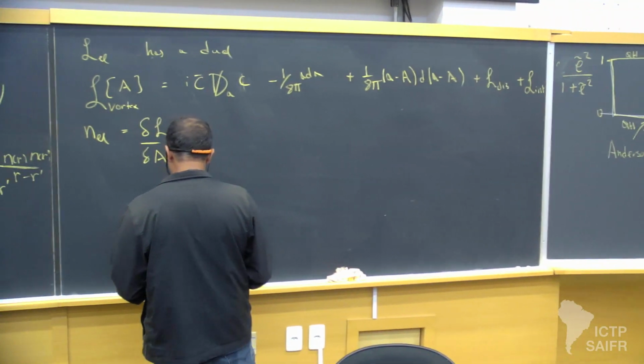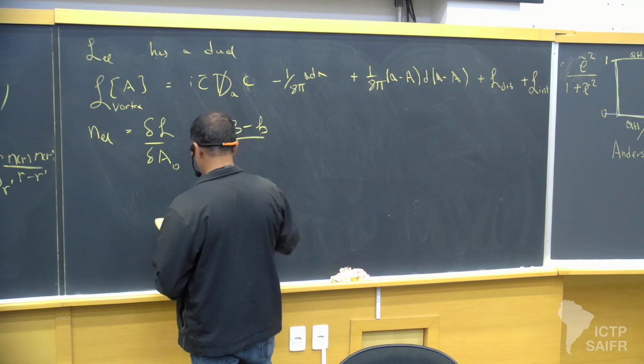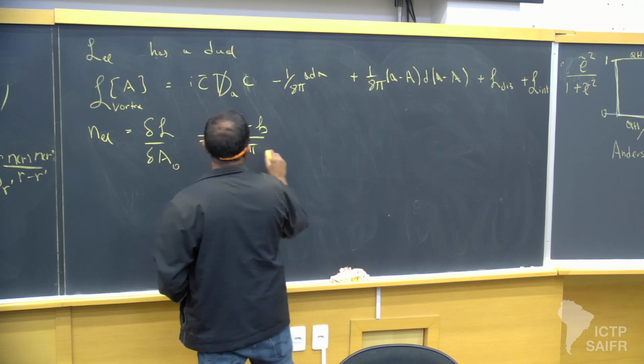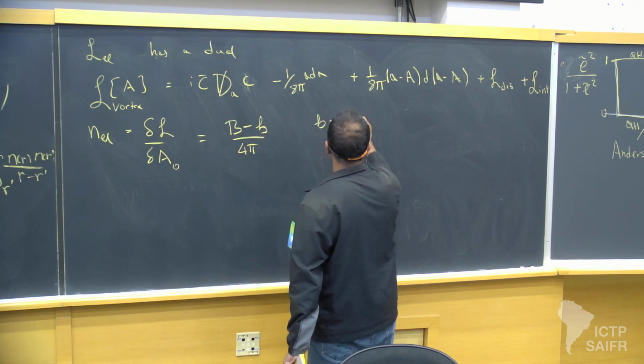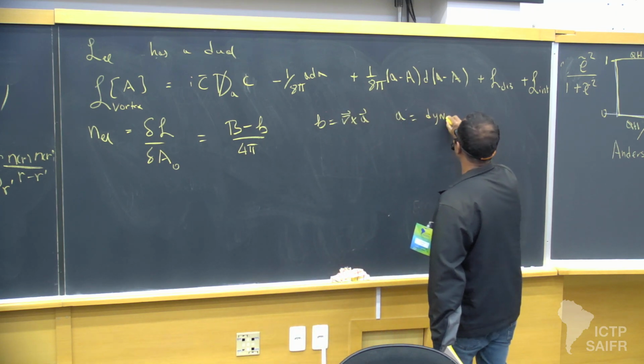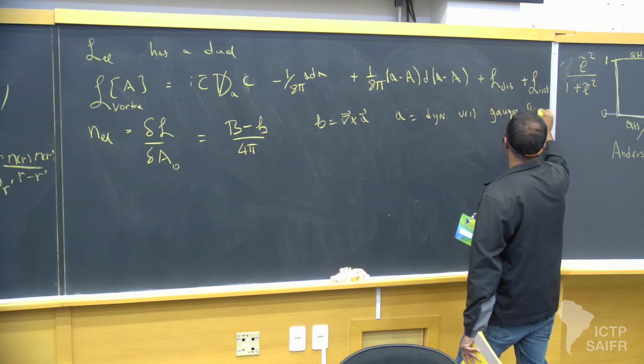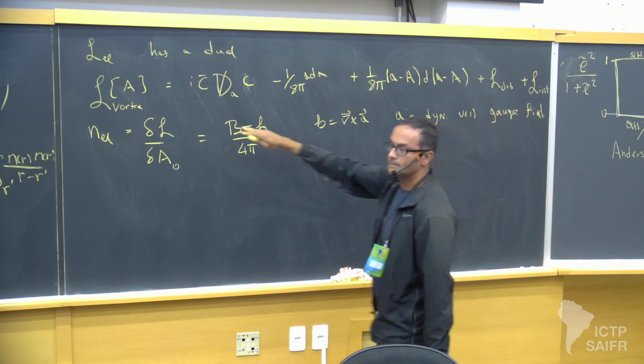And this will be big B minus little b over 4 pi, where little b is the curl of little a. And little a is a dynamical U1 gauge field. So you path integrate over little a, but not over big A. That's the point.